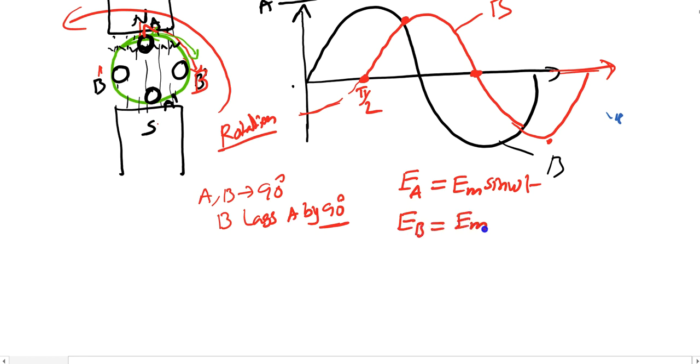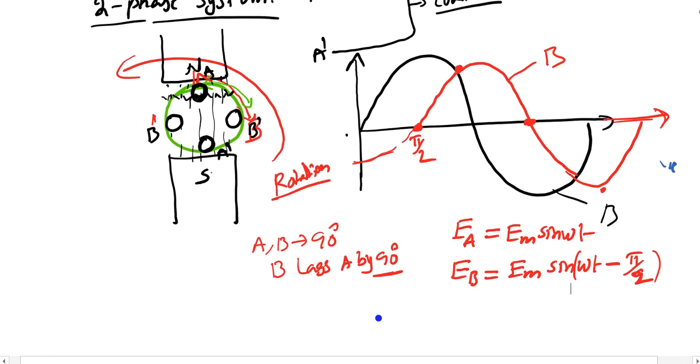It is Em sin (omega t minus pi by 2), or omega t minus 90 degrees. You can say like this. So this is phase 1, and this is phase 2. That is how the two phases have been generated here. That is what is called a two-phase system.